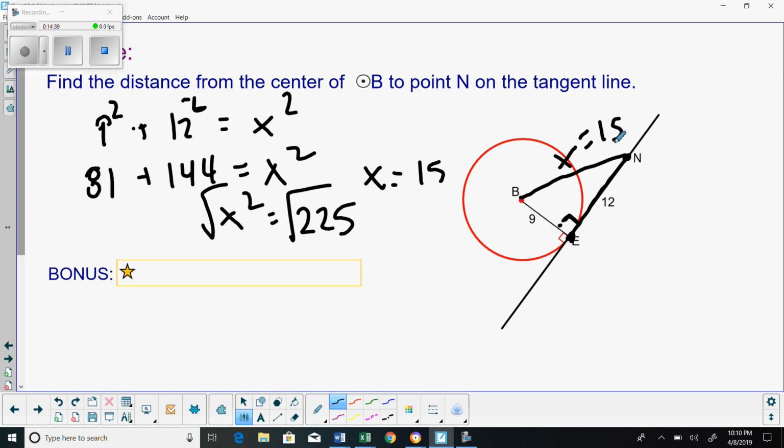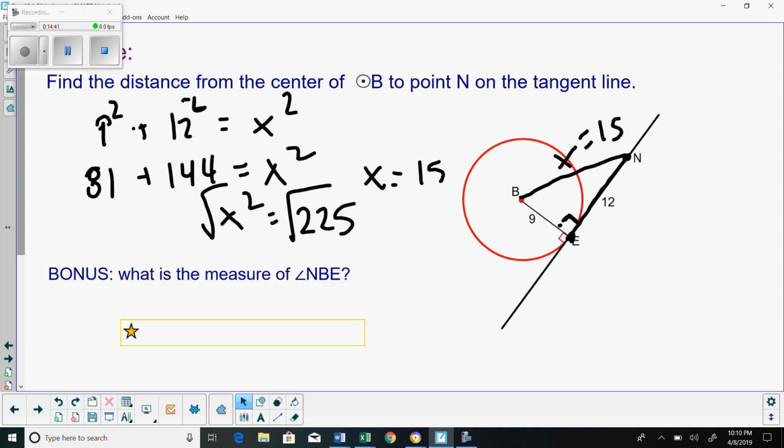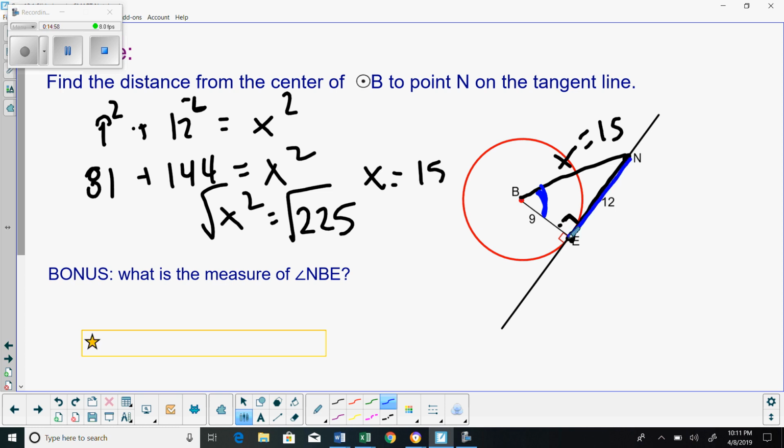And then for a little bonus question, let's try this one. What is the measure of angle NBE? That's this angle right here, and that's going to require us to do a little bit of trig. The opposite side from that angle is 12, and the adjacent side is 9, and that would be the tangent. So the tangent of angle B is equal to opposite over adjacent, so that's 12 over 9.